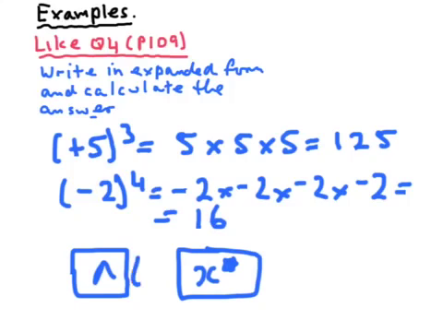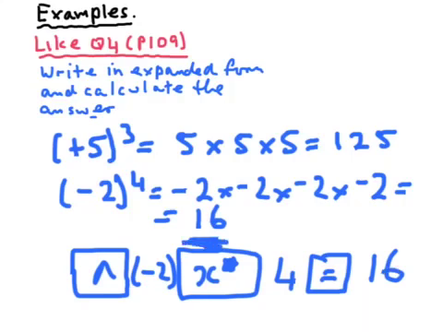Oops. Make sure it's in brackets, otherwise your calculator will give you the wrong answer. You try it. Raise to the power of 4, so you enter 4 there, and press equals, and the answer that pops out will be 16, as we've got here. Okay, so I don't mind you using your calculator for these ones.